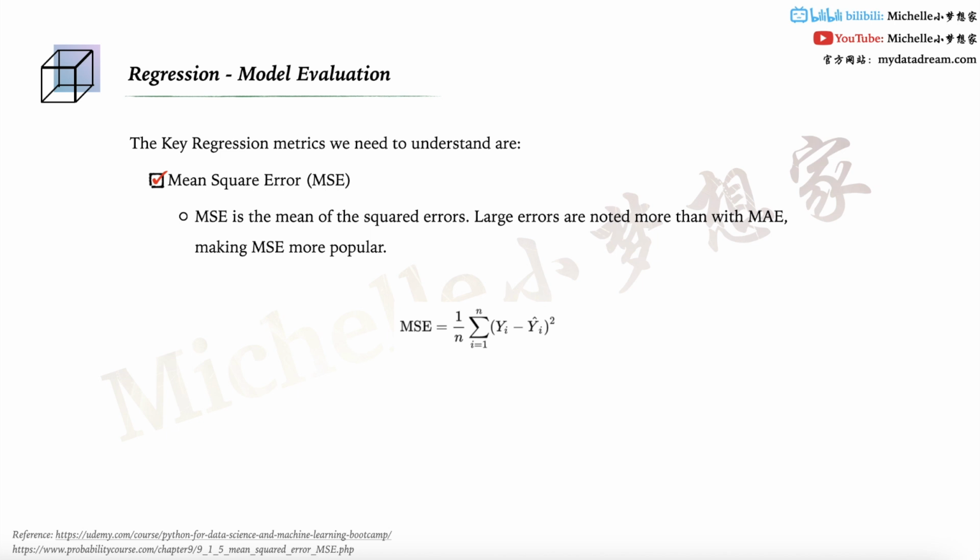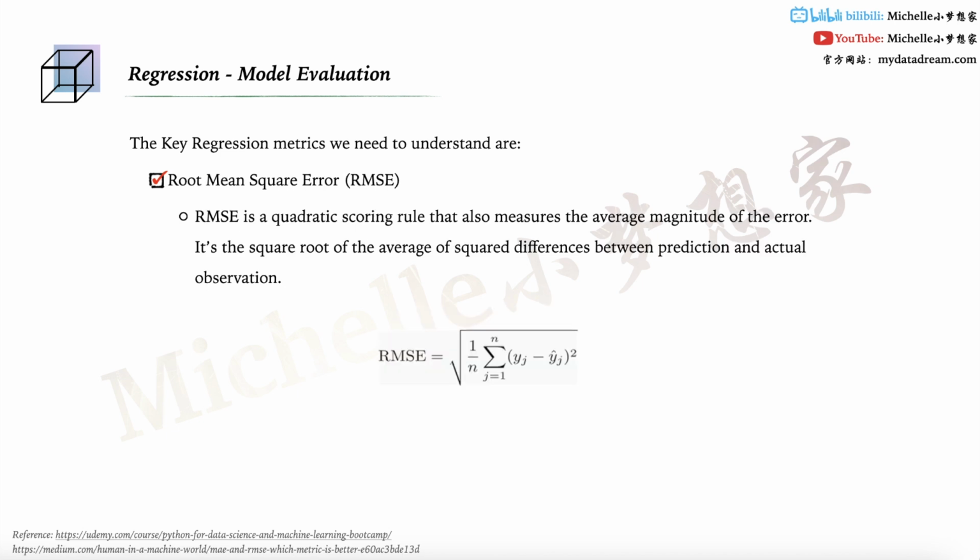So for those cases that are very sensitive to the dimensions and basic units, we generally use another metric which we call RMSE. RMSE is to find the square root based on MSE. The full name is root mean squared error.